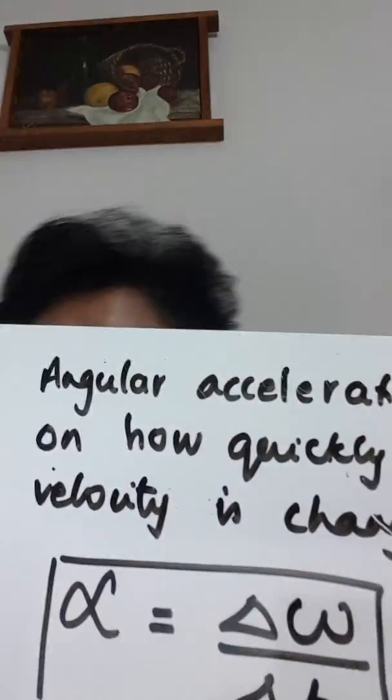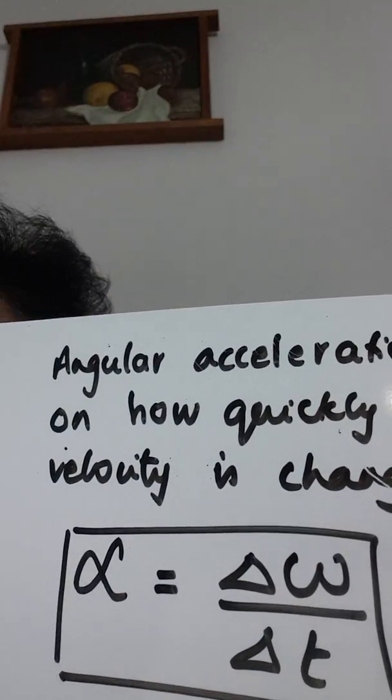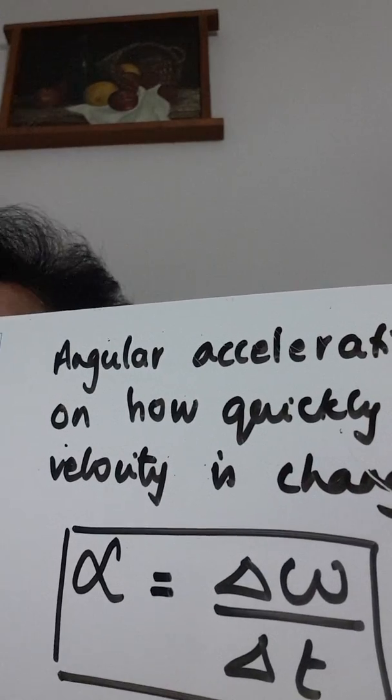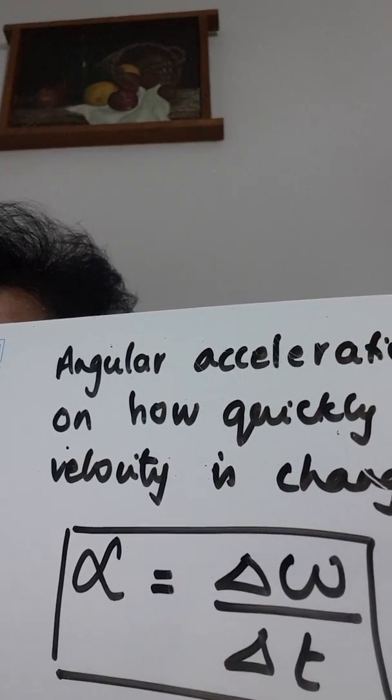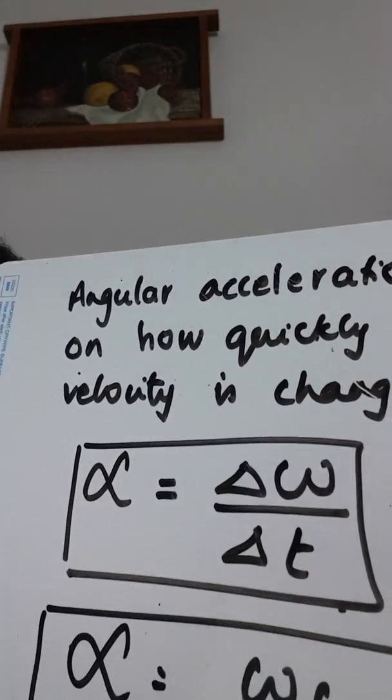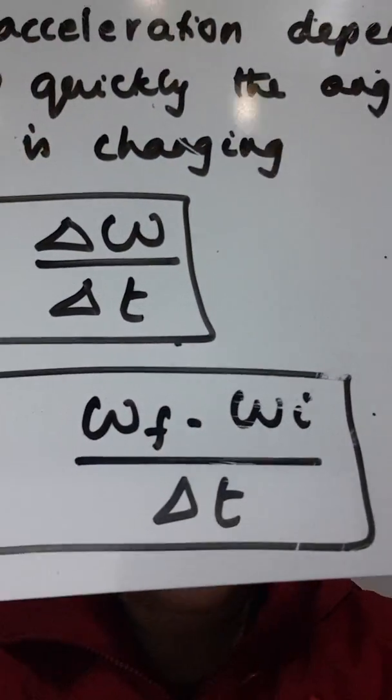So it's the rate of change of angular velocity. That's delta omega over delta t. But change in angular velocity is actually final angular velocity minus initial angular velocity, so you can even write it like this.